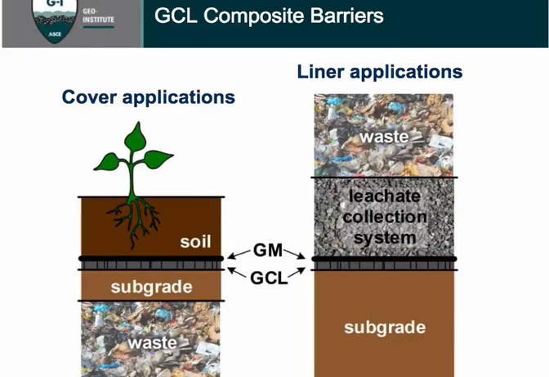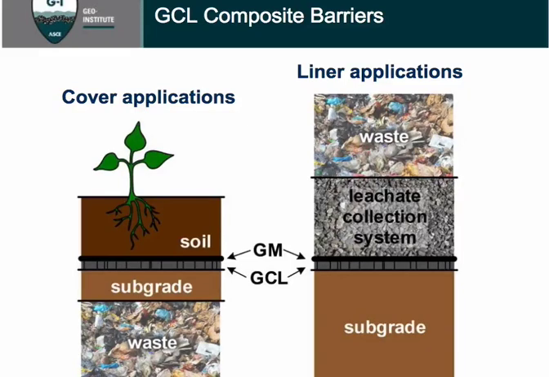Here I have a leachate collection system immediately overlying a geomembrane, immediately underlain by a geosynthetic clay liner. In both these systems, I have the GCL forming a redundant component of the barrier system. The geomembrane is limiting the cross-sectional area through which flow is occurring, and the GCL is providing low hydraulic conductivity for the little bit of liquid that makes it through the holes that may be incurred in the geomembrane.